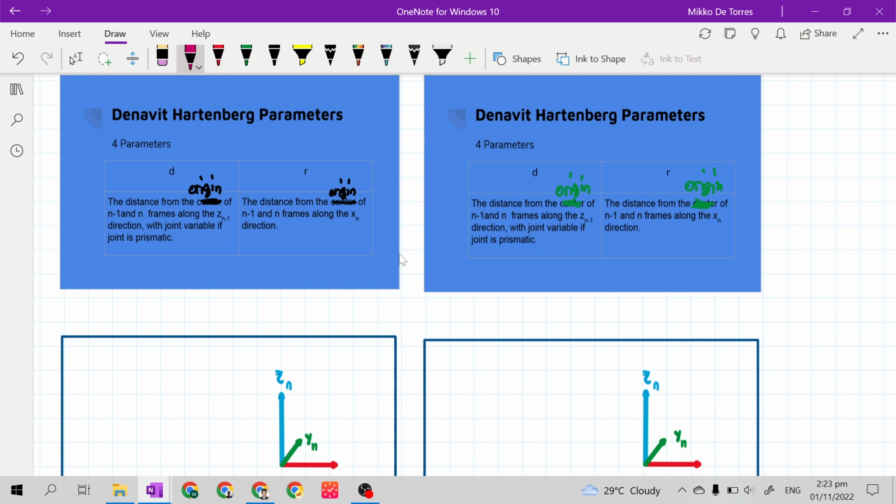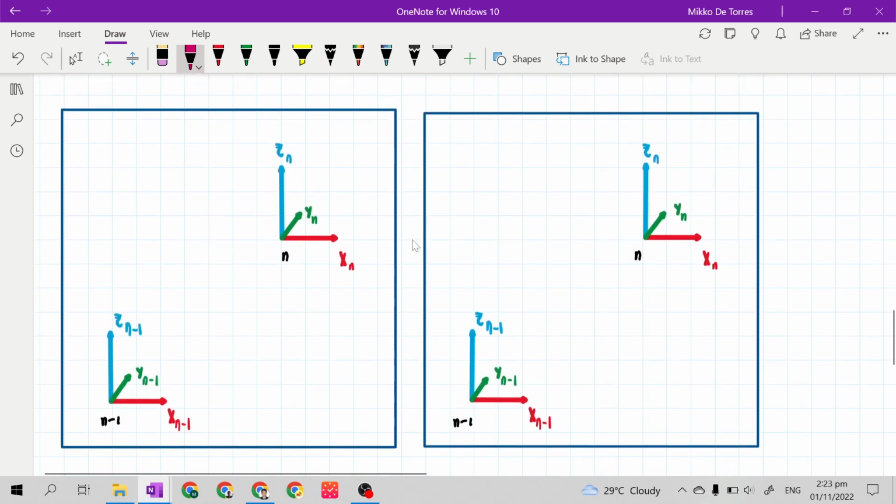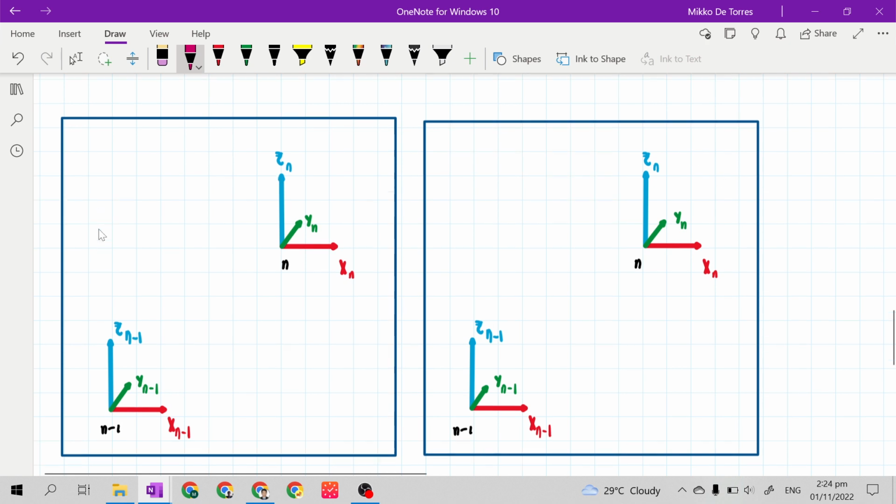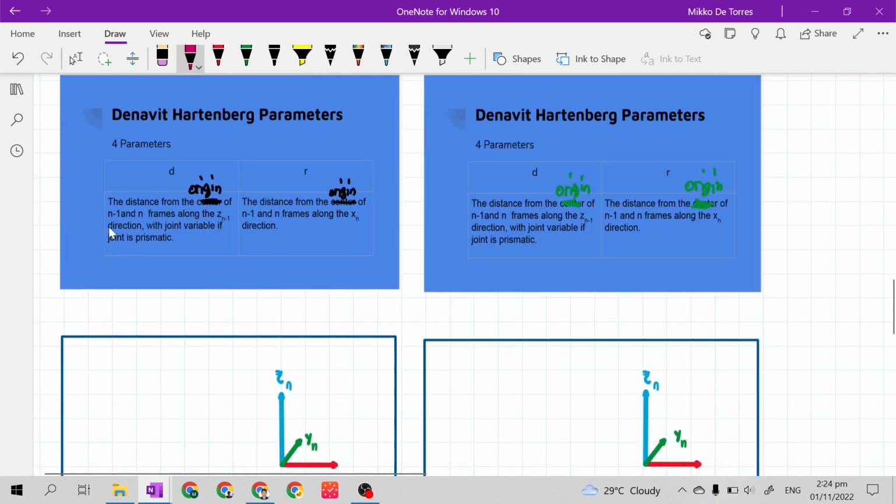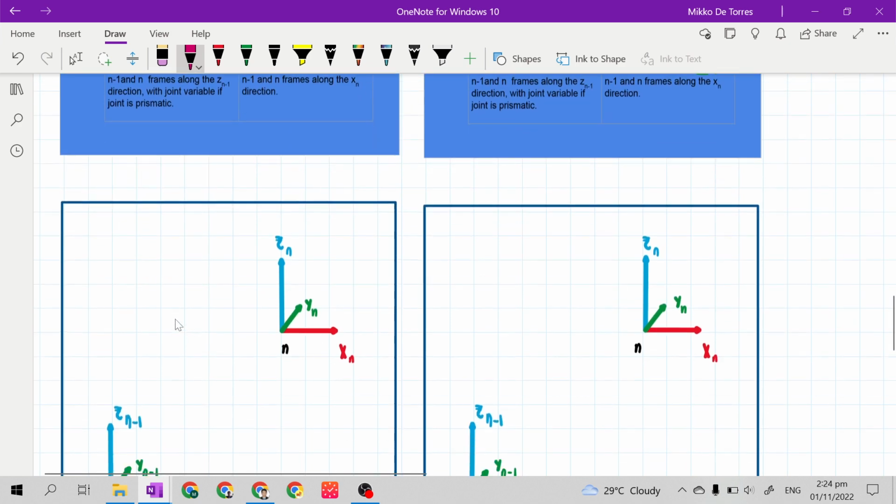Next are the parameter D and parameter R. The parameter D and parameter R are the position or translation parameters. So let's have an example here. D is the distance from the origin of frame n minus 1 and frame n along the z sub n minus 1 direction, with a joint variable if the joint is prismatic.